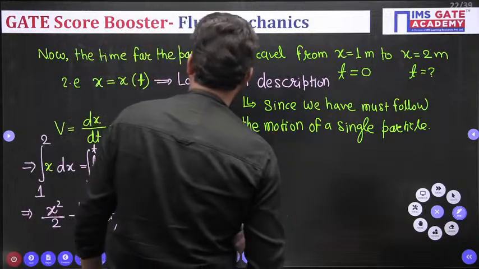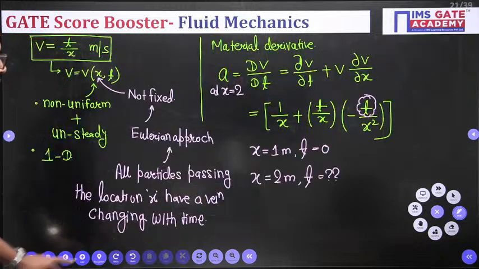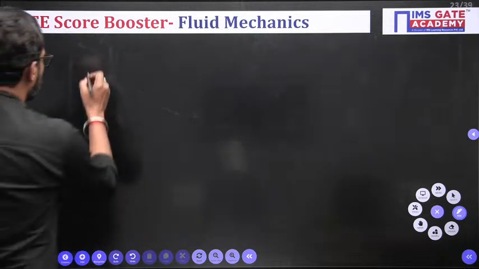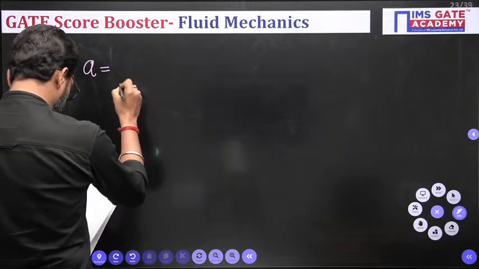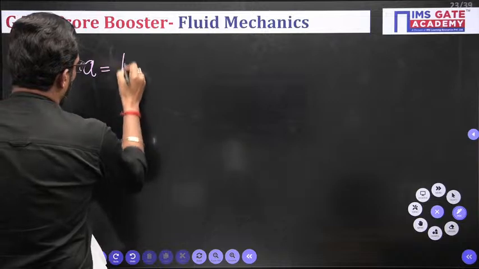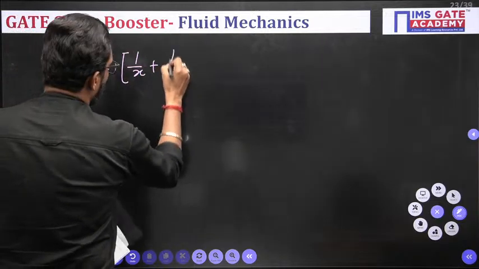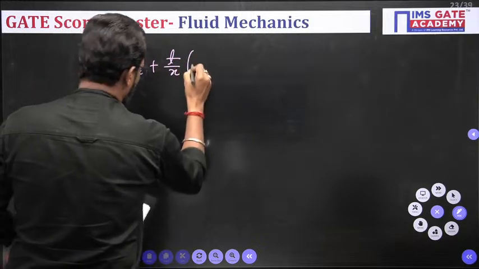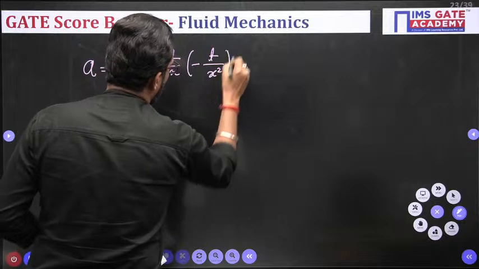Now put in the acceleration. We know this acceleration is 1 by x plus t by x times minus t by x square, yes or not?